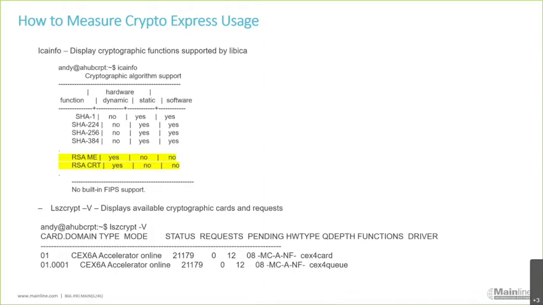If they're supported within hardware, they're going to get processed with the Crypto Express cards and CPACF feature. What you're looking for here is the RSA ME and RSA CRT. If those indicate yes in the hardware column, you should be all set and ready to use the crypto cards.